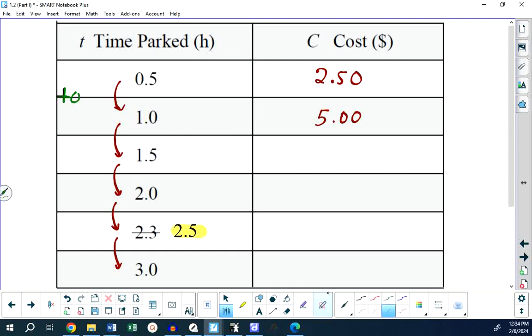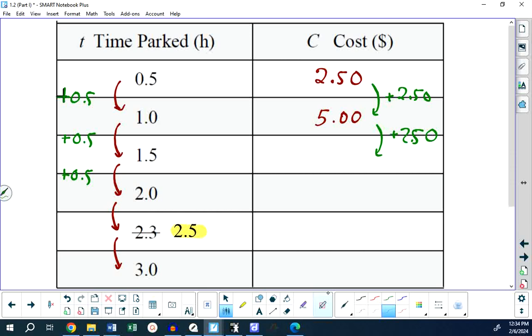This is going up by half an hour each time. And this is going up by $2.50 each time. So we don't need to use a complicated approach here. All we need to do is say, we're going to add $2.50 each time.